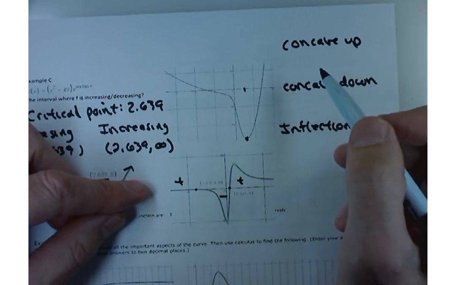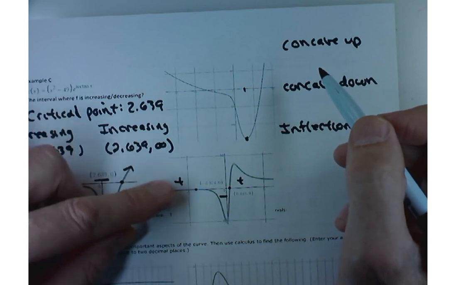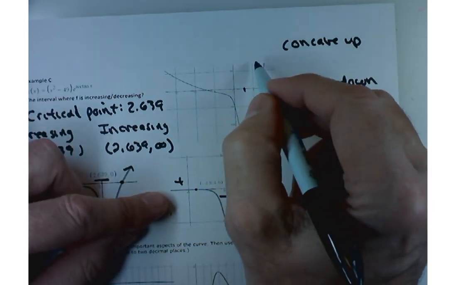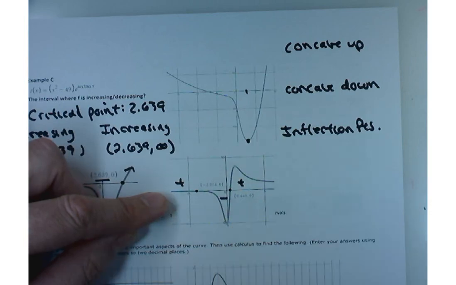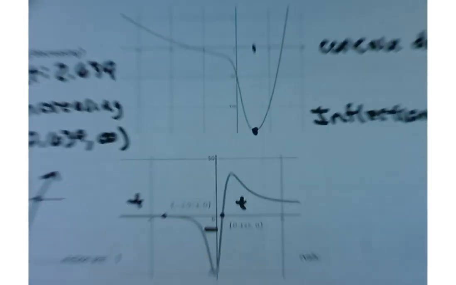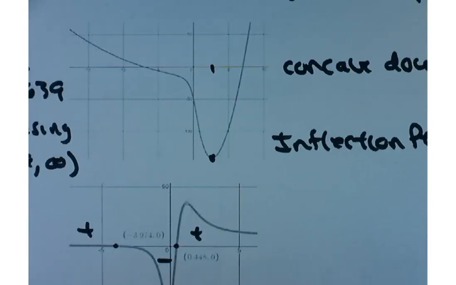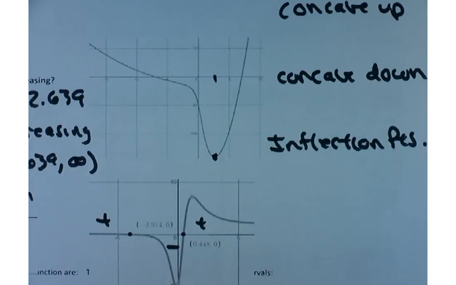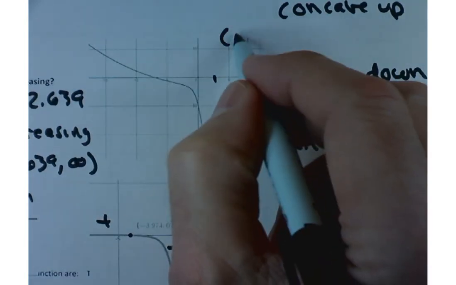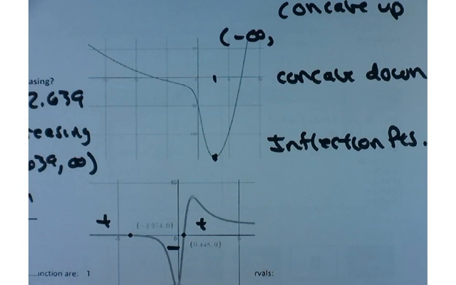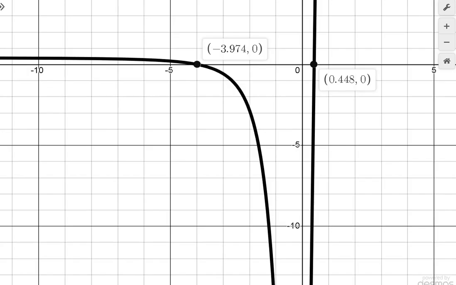It's concave up from negative infinity to, let's see, what was that point there? Negative 3.974? Oh yeah, that.